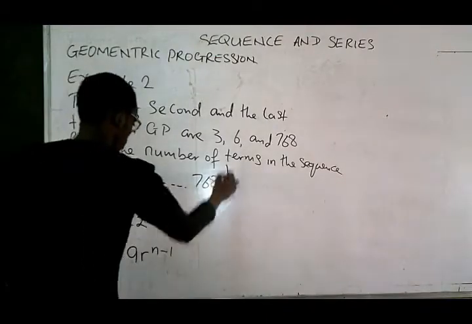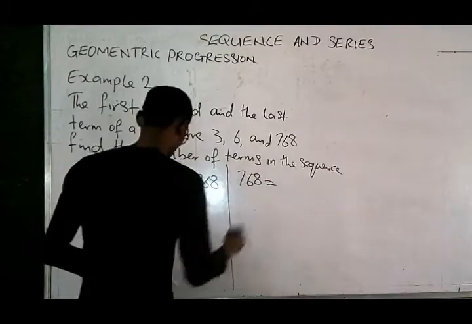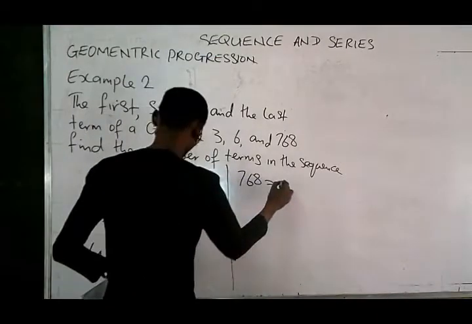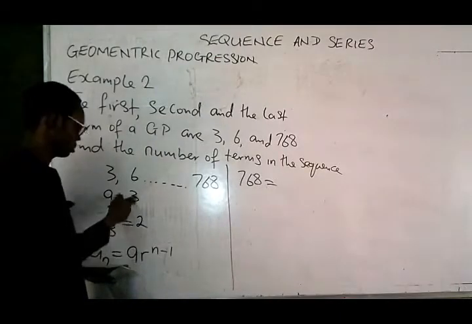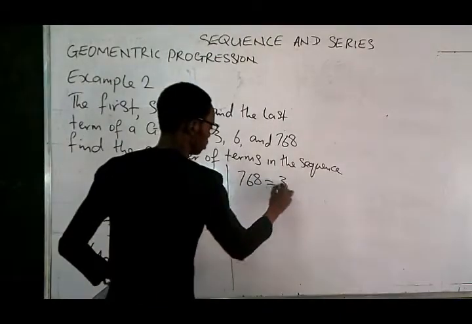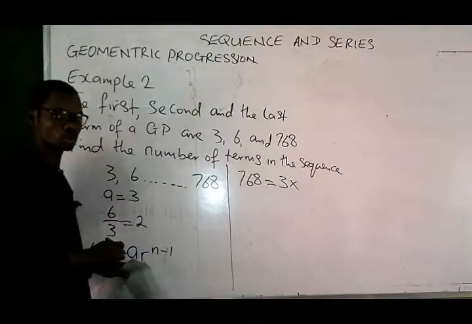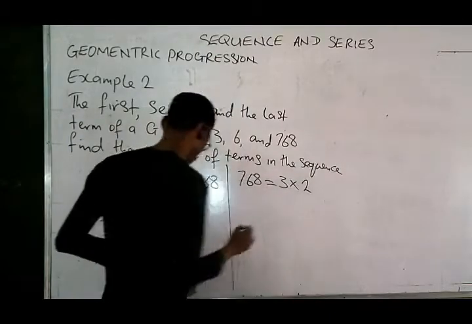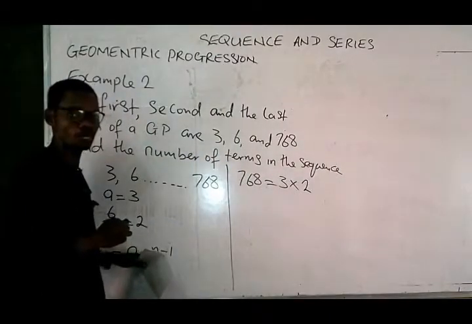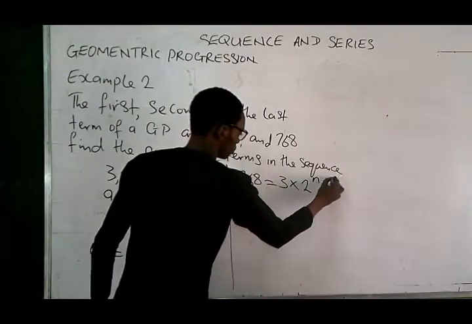So I will say 768 equals a, the first term, which is 3, times r, the common ratio, which is 2, raised to the power n minus 1.